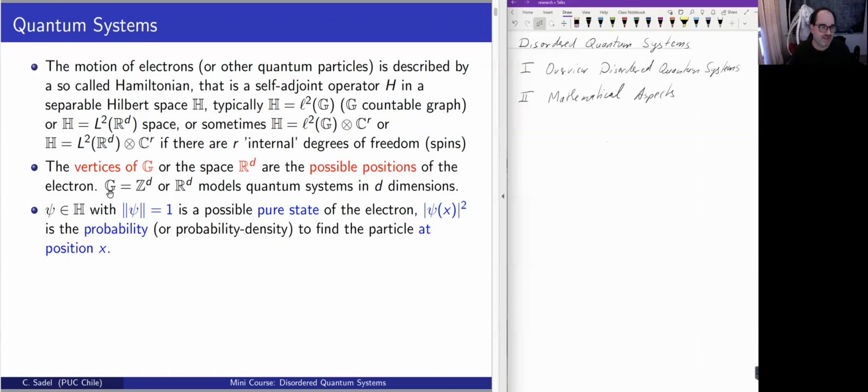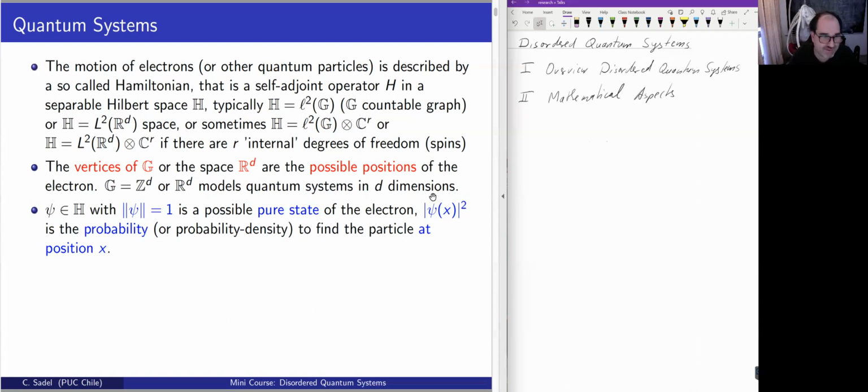For discrete models, one can actually think of the vertices of the graph as the positions of the atoms, and the electrons kind of hop from atom to atom. So these are sometimes also called tight binding models. Well, if we have a vector in our Hilbert space of norm 1, then this is associated with a pure state of the electron.